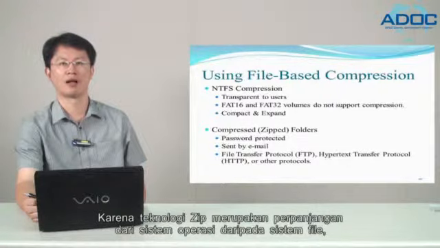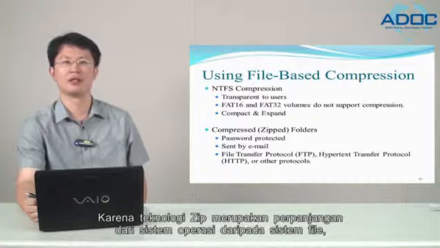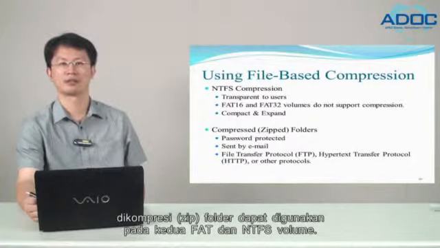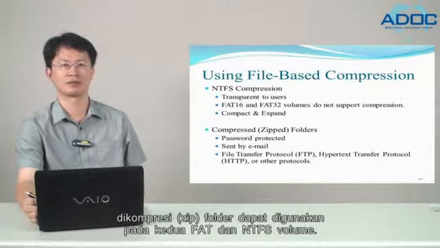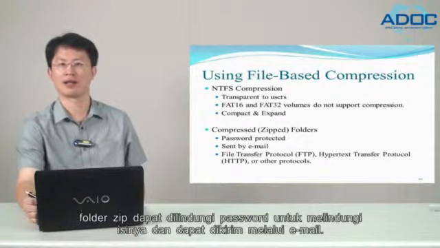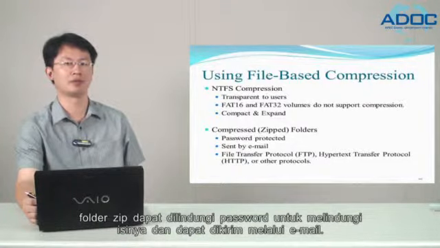Because zip technology is an extension of the operating system rather than the file system, compressed zip folders can be used on both FAT and NTFS volumes. And zipped folders can be password protected to safeguard their contents and can be sent by email.